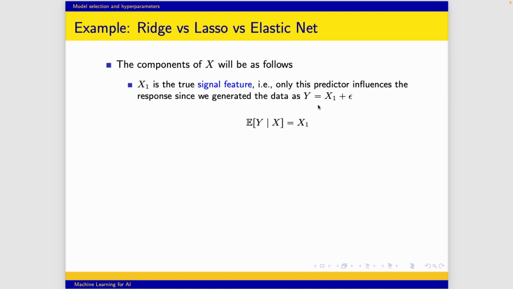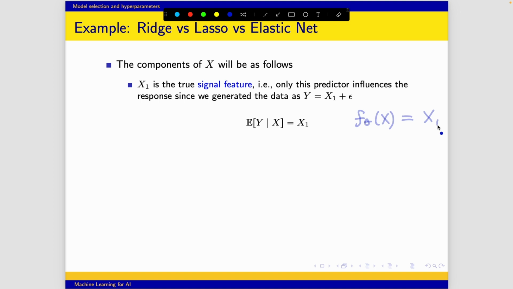It's influenced only by X1, and we add to that some random noise, so we have this relationship here. So this is what we really want to extract. We want a prediction rule f theta of x that's going to end up being just x1. That's what we want, right?